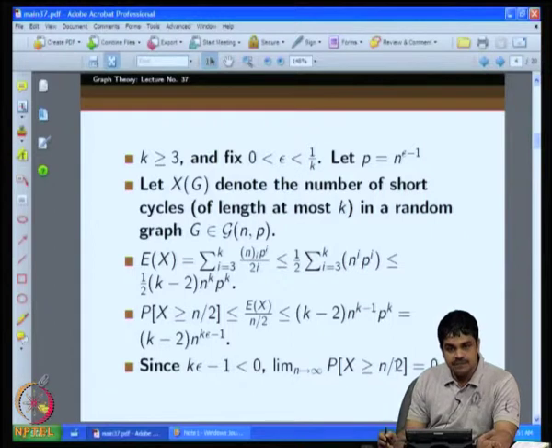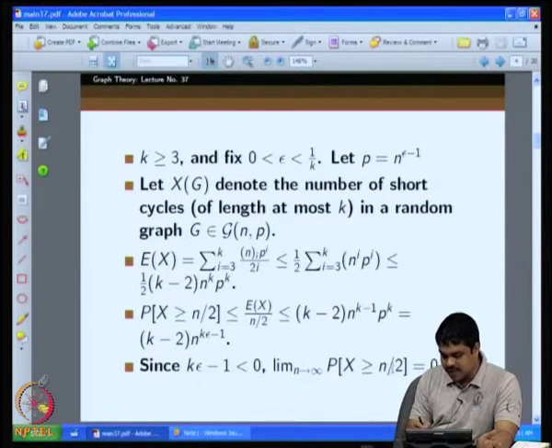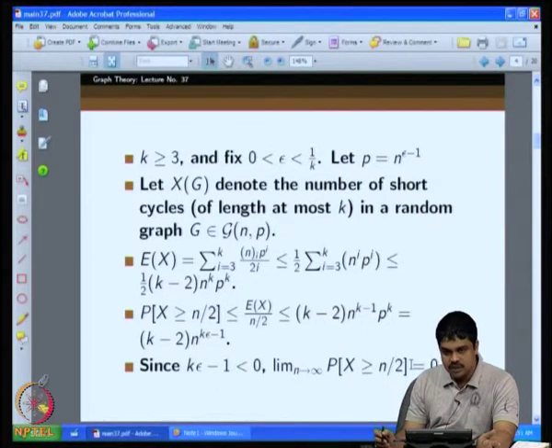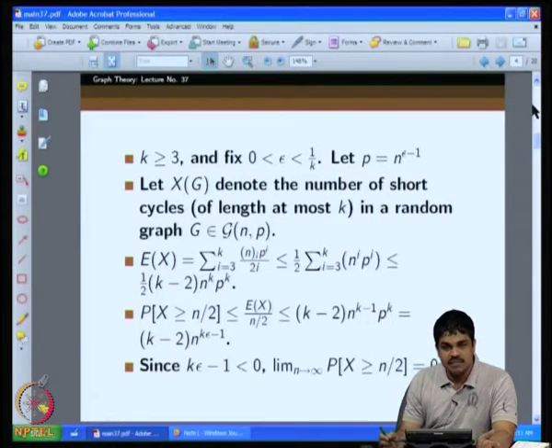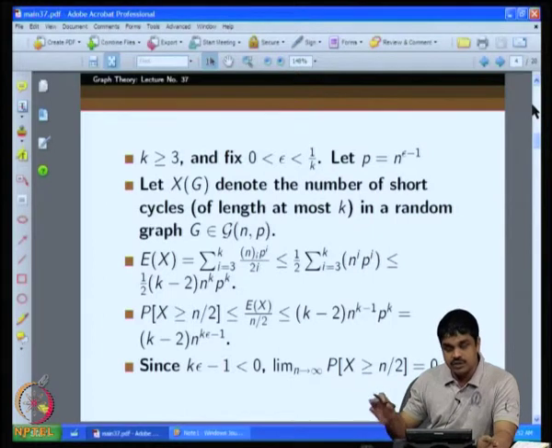Which means that if n is large enough, you can get that this probability is strictly less than half. Similarly, the earlier probability, namely the probability of having an independent set of cardinality greater than n by 2k, also tends to 0 as n tends to infinity. So, if n is taken sufficiently large, you can make it less than half there also.